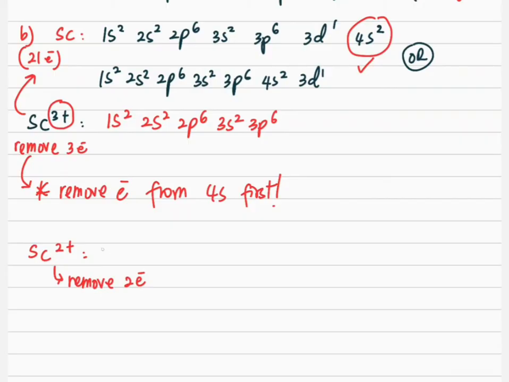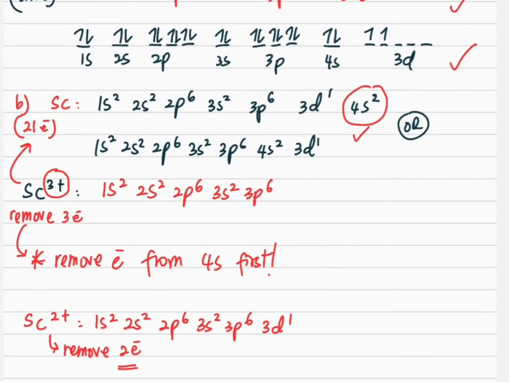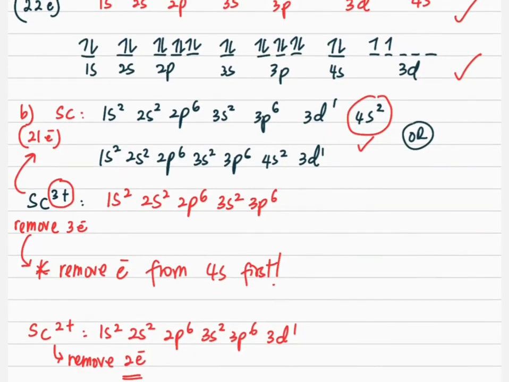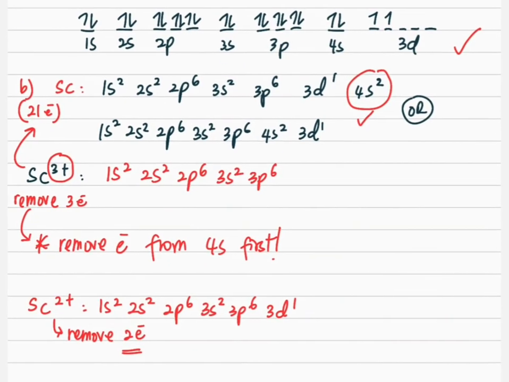Jadi untuk yang ini kita akan ada 1s2, 2s2, 2p6, 3s2, 3p6, and then 3d1, sebab 2 elektron kita dah remove daripada 4s. Alright, so I really hope that you understand about this concept. Jadi bila melibatkan 3d dengan 4s ni agak confusing sikit. So please be careful.